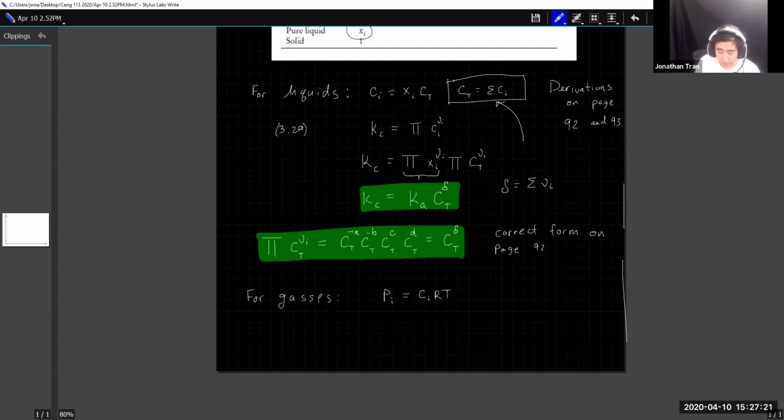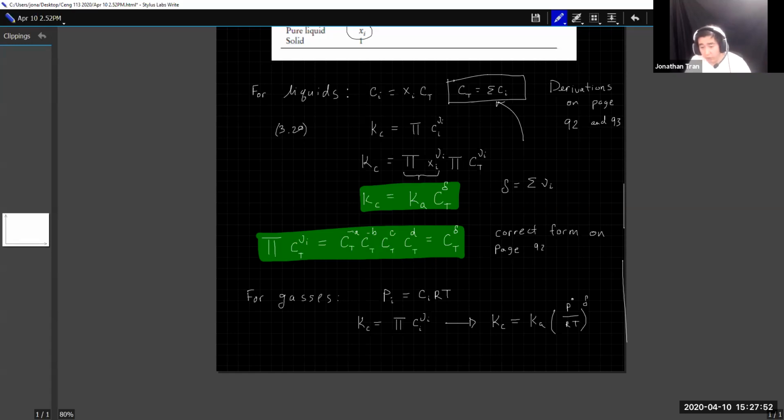And again, starting from equation 3.20, we can then derive an expression relating Kc and Ka in the gaseous state. And this simply becomes P naught over RT to the delta.